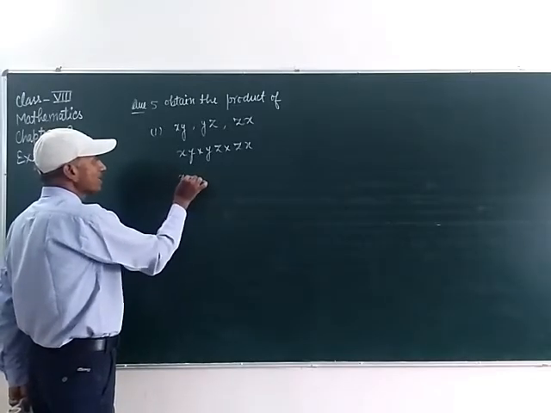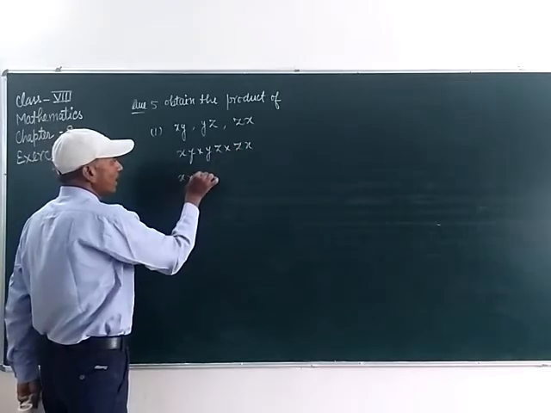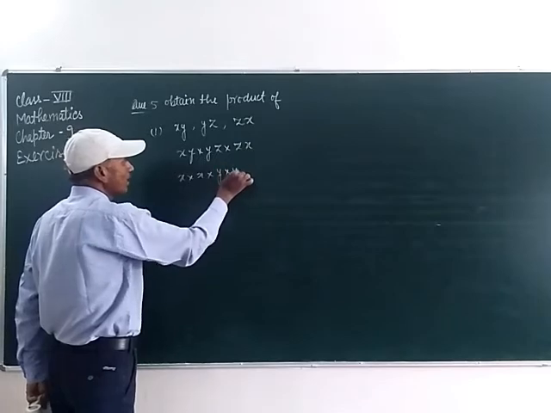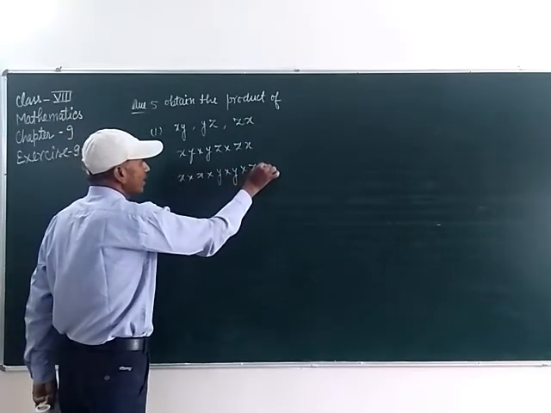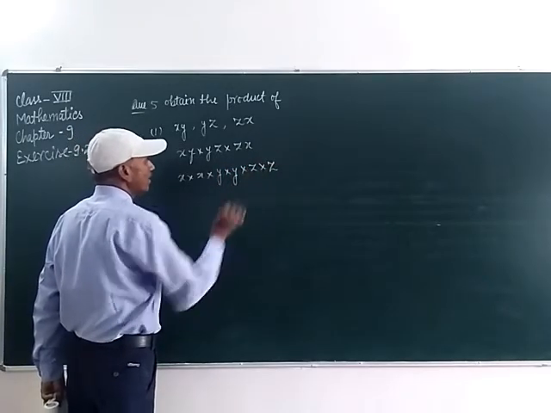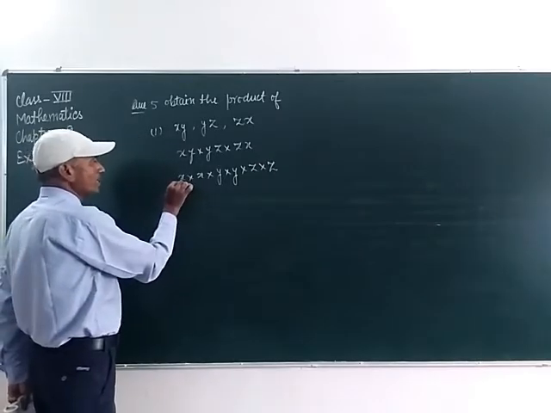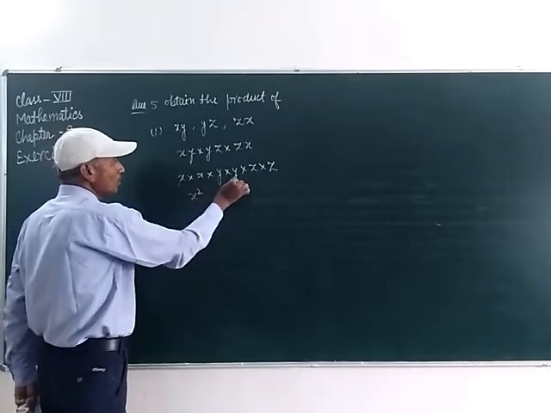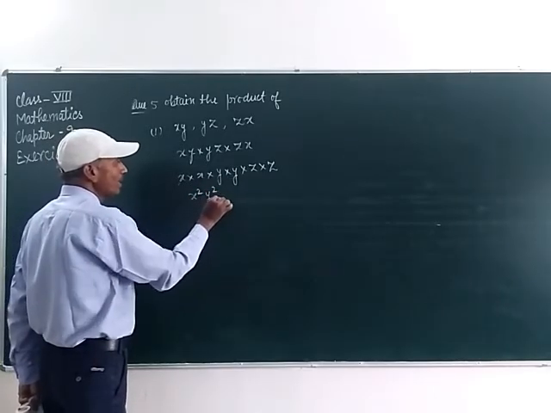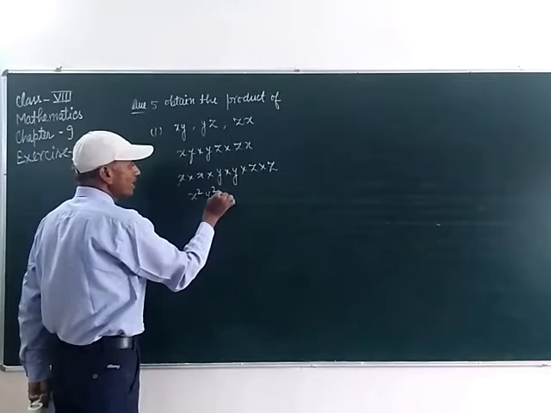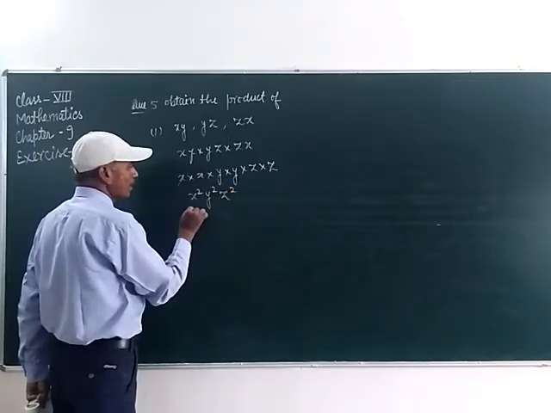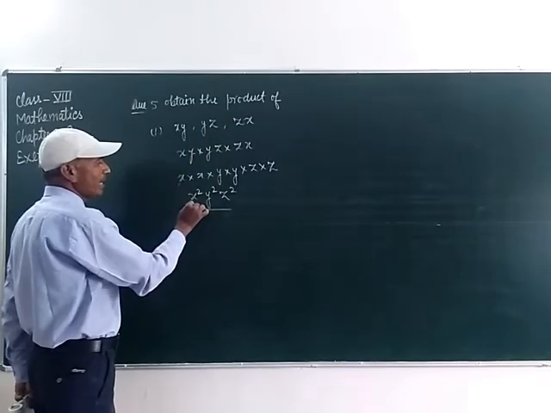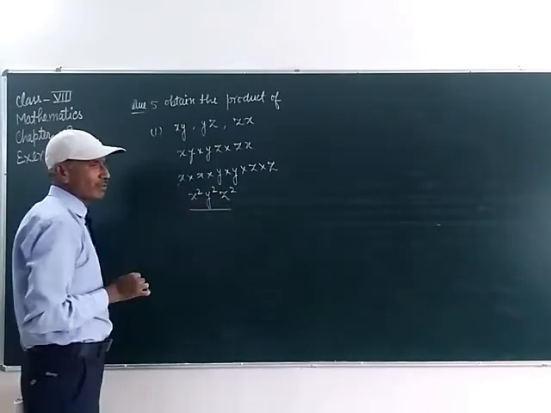So x into x, y into y, and z into z. Now x into x, it will be x square, y into y, y square, and z into z, it will be z square. So product of these three monomials are x square, y square, z square.